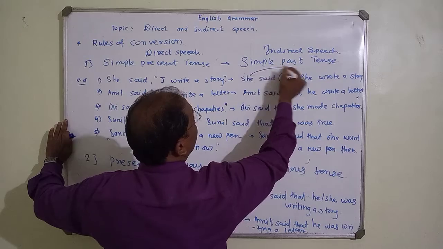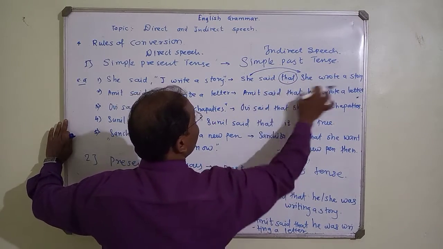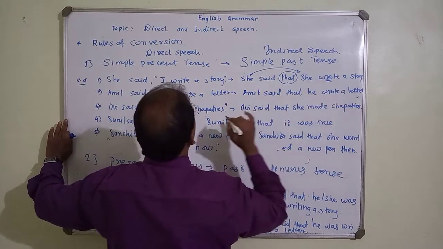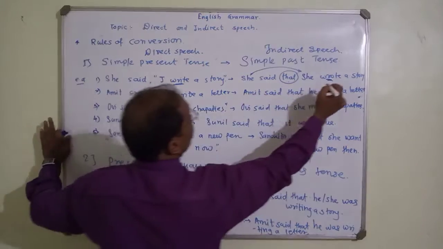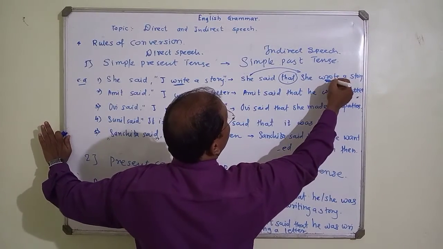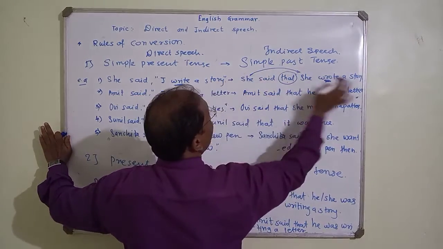The same pronoun is here, so we use "she" as it is. Then "write" is converted, here is present tense and here we write simple past tense, "wrote." The remaining part as it is we write.